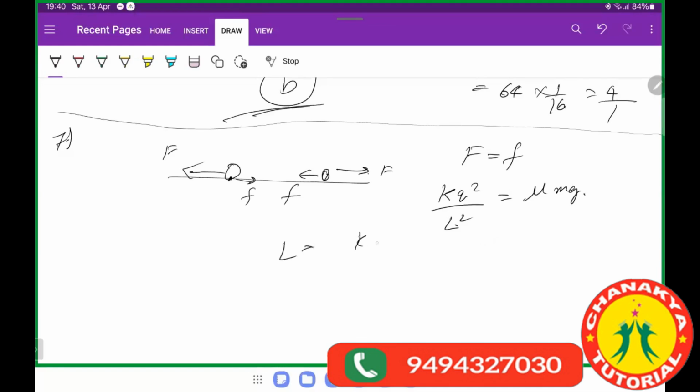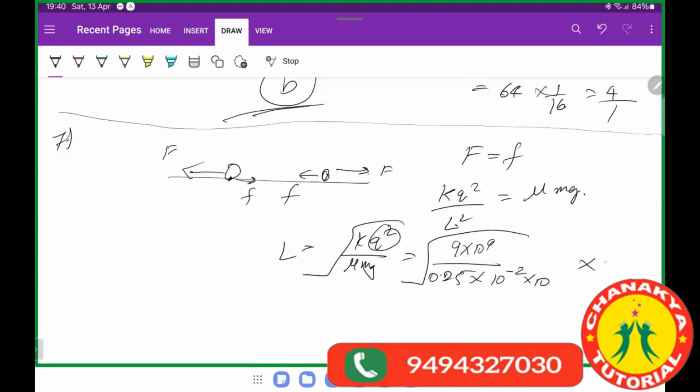L equals kq square by mu mg. Substitute the values. So if I take this outside, it will become 9 into 10 to the power 9 divided by 0.25 into 10 to the power minus 2 into 10, this is under root, into 2 into 10 to the power minus 7. That will be your answer.